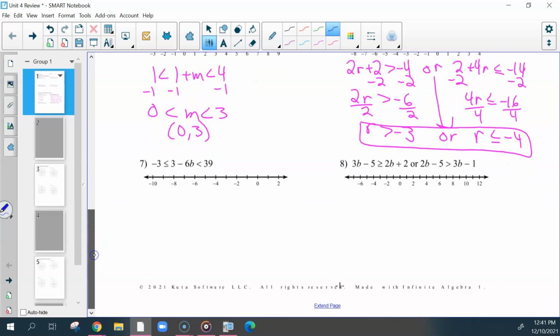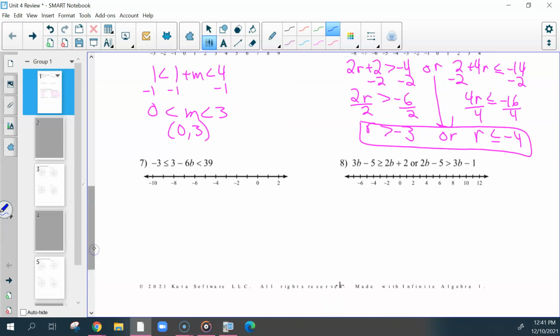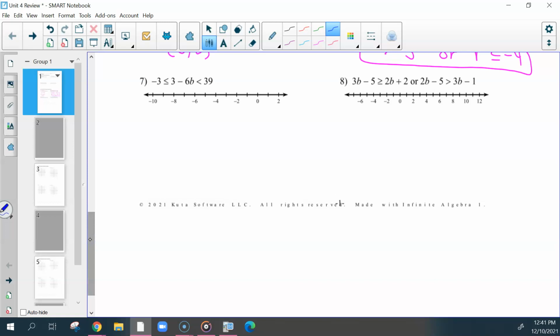For 8, each inequality has variables on both sides. So you'll need to get the variables on one side and the constants on the other, for both inequalities. It doesn't matter which you move. I'm going to subtract, to get b minus 5 is greater than or equal to 2.